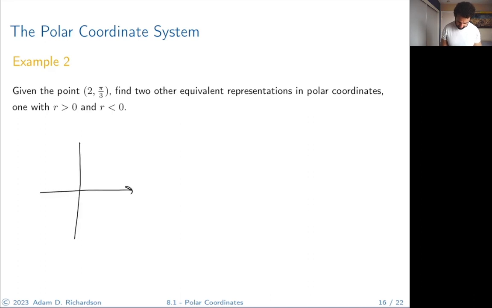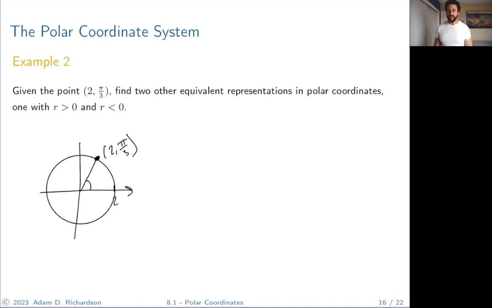I'm going to draw this, and let's see, I'll say this is 1, this is 2, so I've got a circle of radius 2. Use my technology to my advantage here. Okay, now pi over 3 is this angle right here. I'll erase this so it's not too confusing. There we go. Okay, so this is the point 2 comma pi over 3.